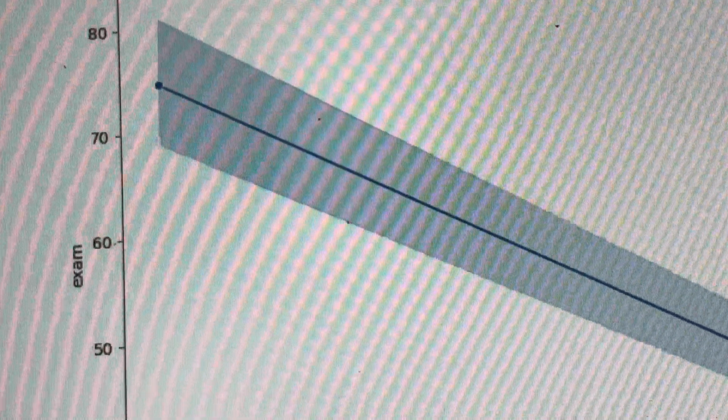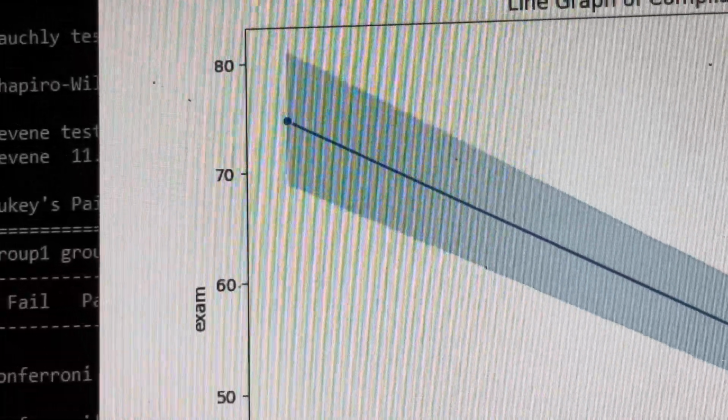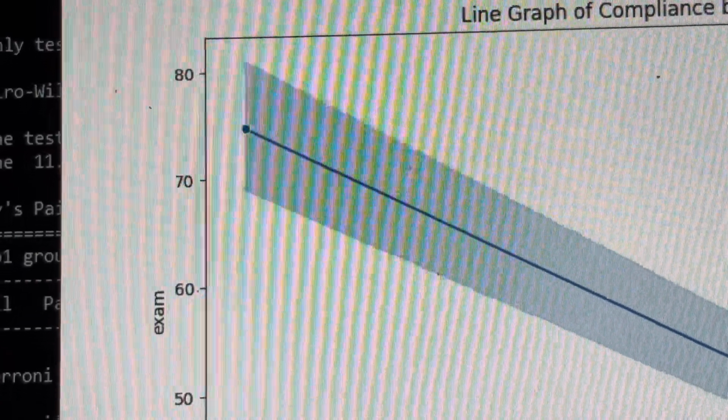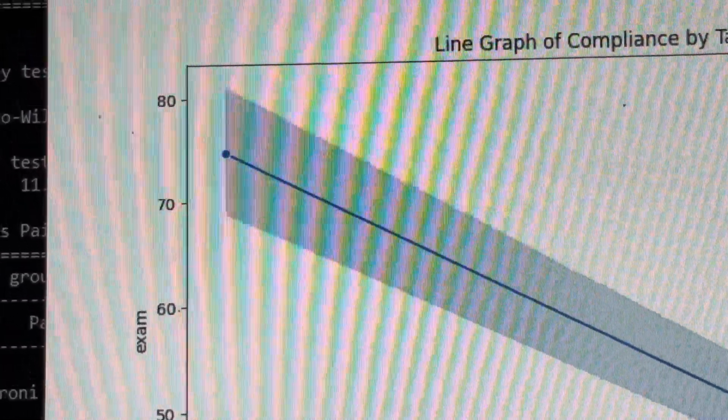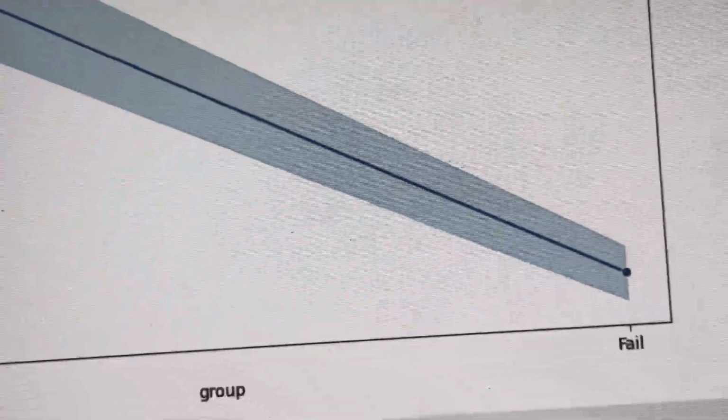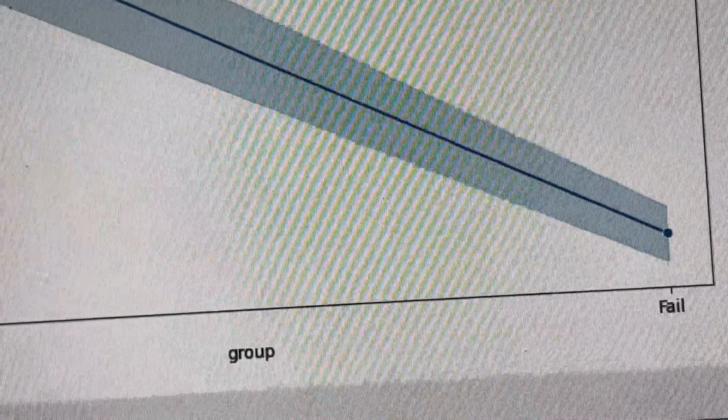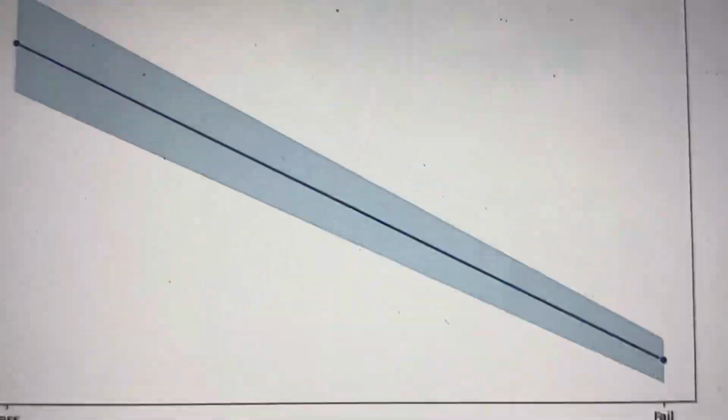You see the pass group, this is up. That is the score. So the pass group scored between 70 and above 80, while the fail group is this. So in between anyway, there are those who also pass and those who fail, just like that.